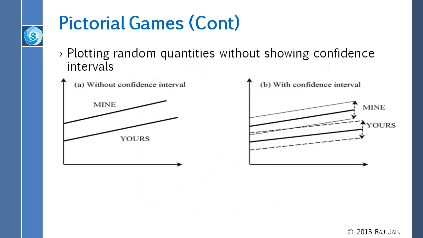If they overlap, then they are identical. So up to here, these two systems are same. Over here, there is slight difference after this crossover point. Right? So really, these systems are not very different. They are different, but not very different. Whereas they look very different here because they did not indicate the confidence interval.